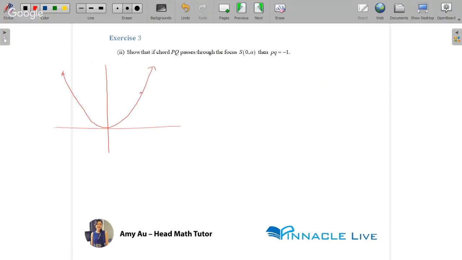All right, so the key condition here is PQ passes through the focus. So how do we use that condition? It's very, very simple. So since PQ passes through the focus 0A, then the focus should satisfy the equation of PQ.